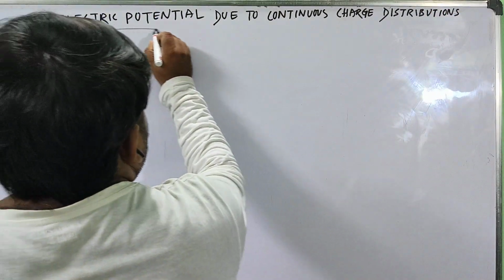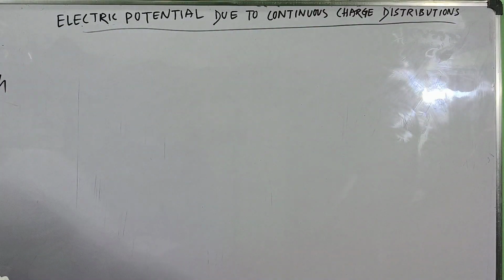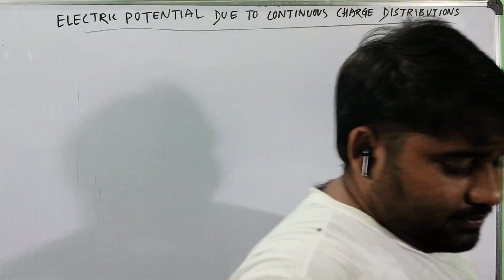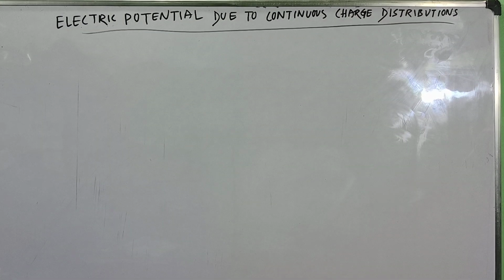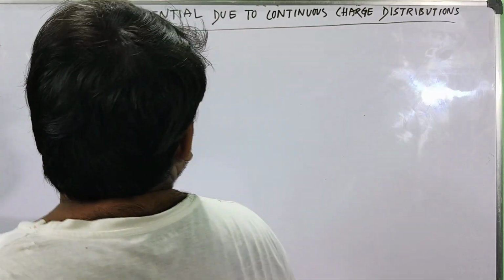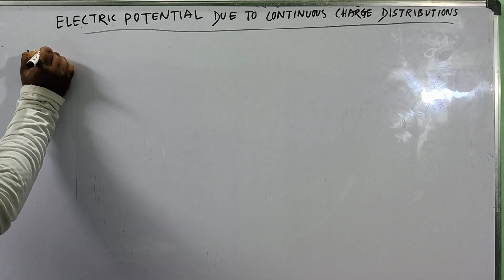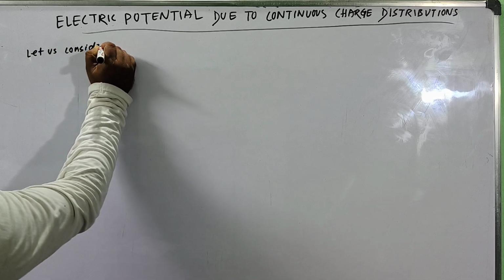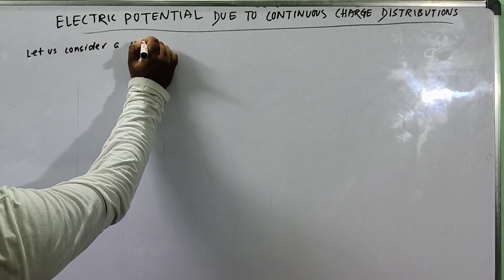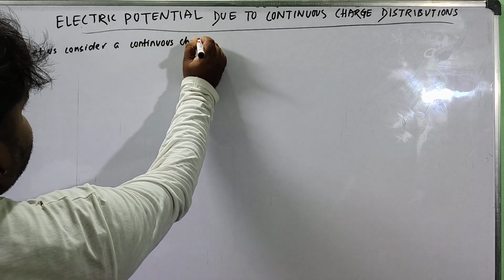So this may involve you in 1D. So I think in case the pen is drying up, I have to use another pen. So if it is a continuous charge system, let us consider a continuous charge distribution.